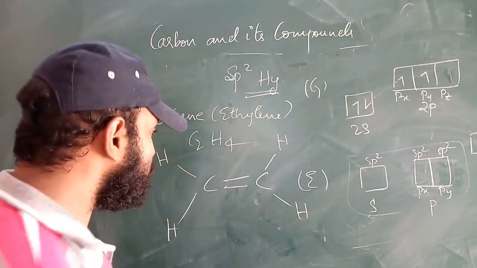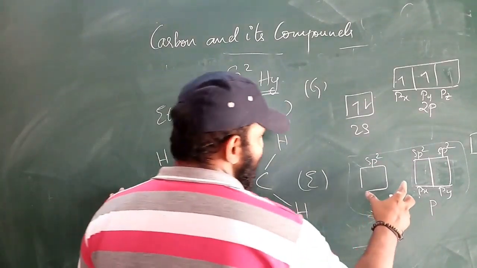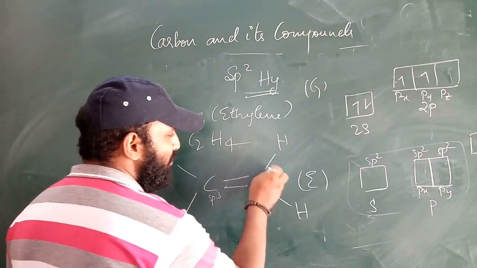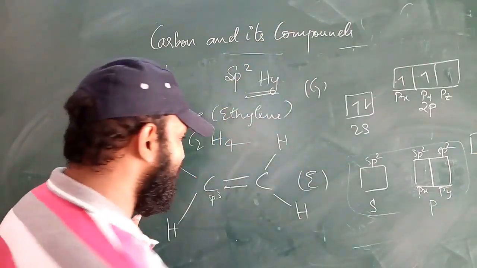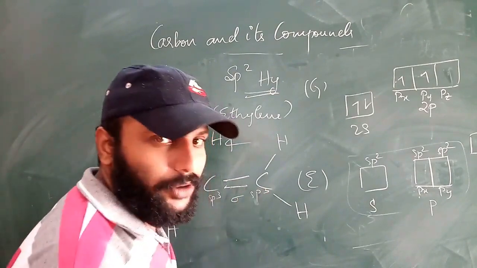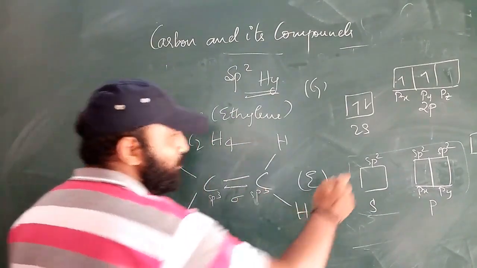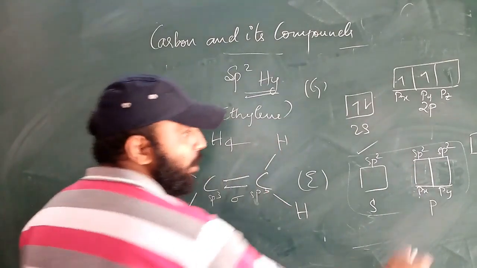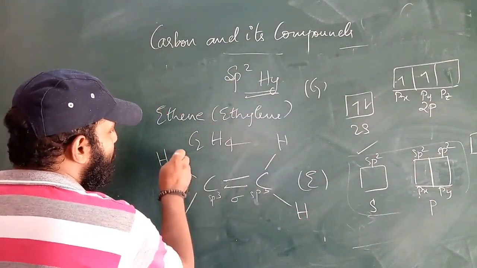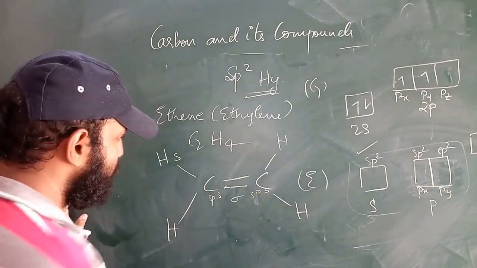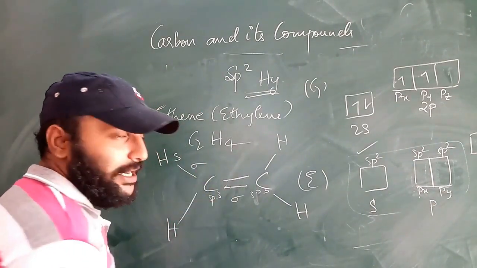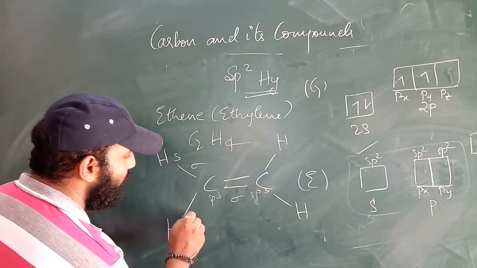One sp2 orbital will make a sigma bond with another carbon atom, which is also sp2. Of the remaining sp2 orbitals, one sp2 orbital of a carbon atom makes a sigma bond with the s orbital of a hydrogen atom.